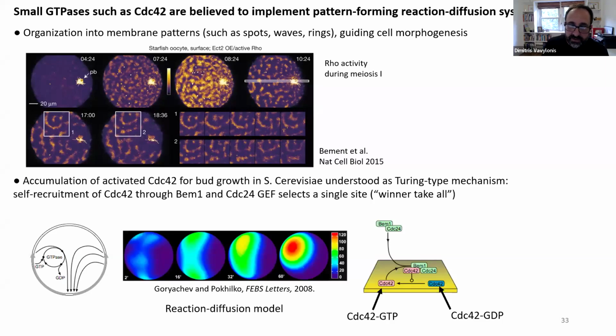In yeast cells, many studies have focused on budding yeast, where CDC42 makes one patch that's helpful for the formation of a new bud. The model by Goryachev and Pokhilko describes this as a winner-take-all mechanism. The positive feedback takes over, and then all the activators of CDC42 coalesce into a single spot.